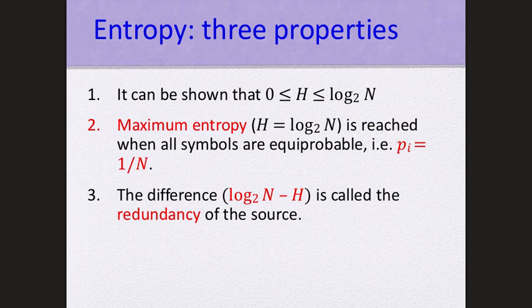So when you do Huffman coding, your objective is to reduce whatever coding you are doing to a value equal to H. Okay, so this is the amount of reduction that you can achieve.